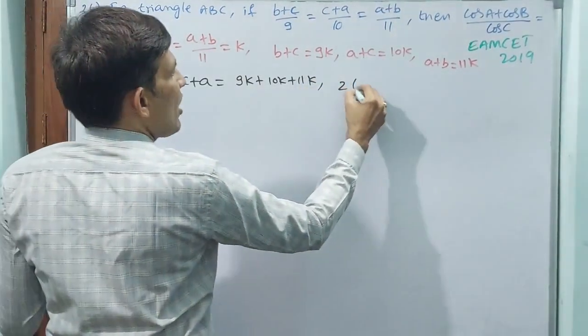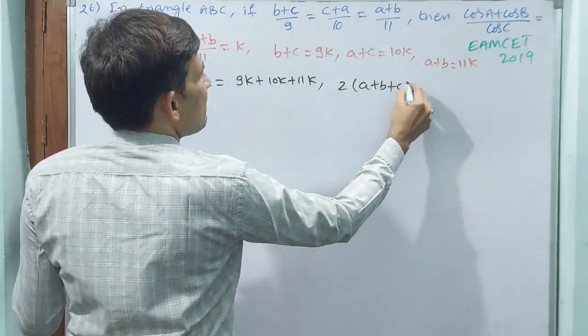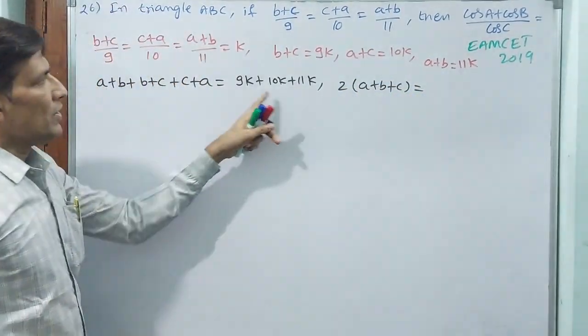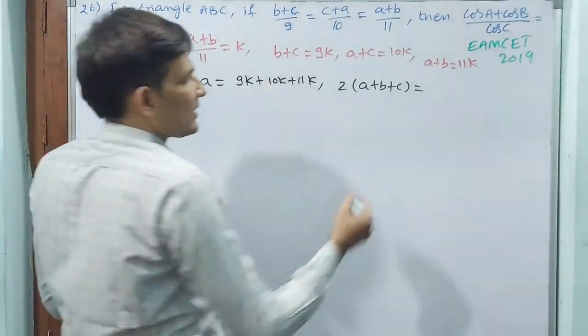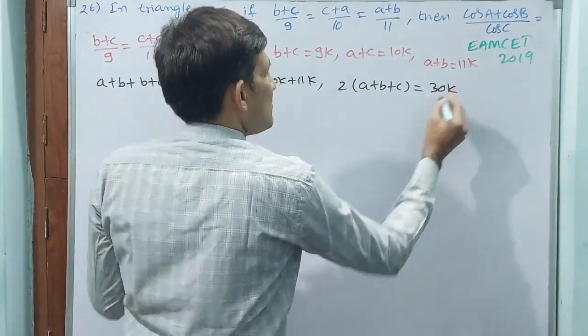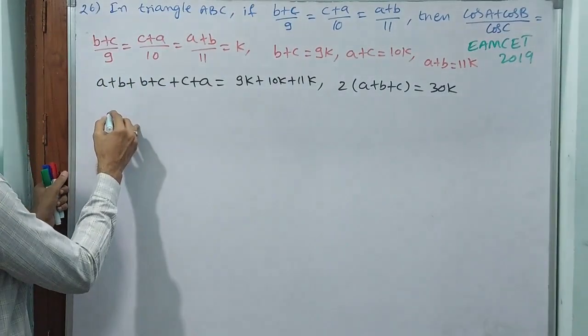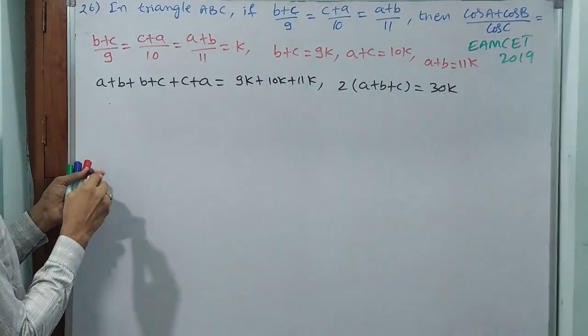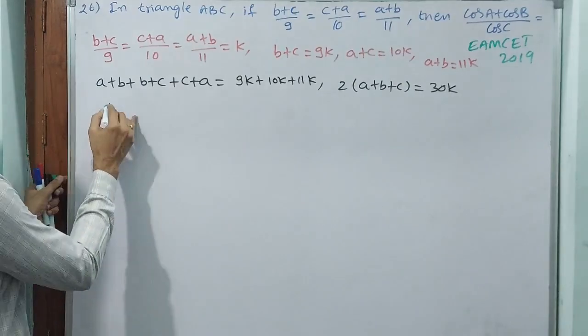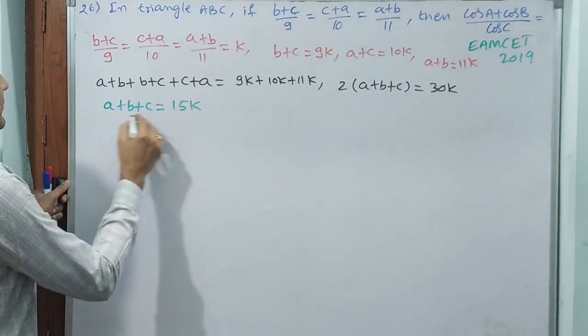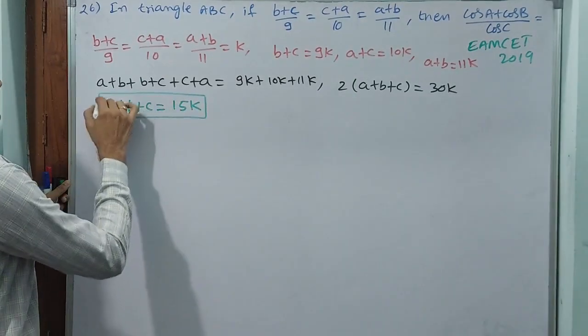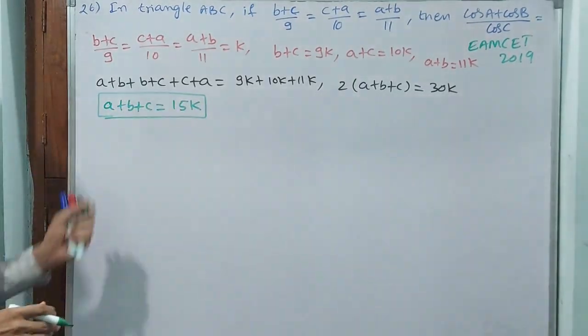Then taking common, 2 of (A plus B plus C) is equal to 30K. Then A plus B plus C will be 15K.